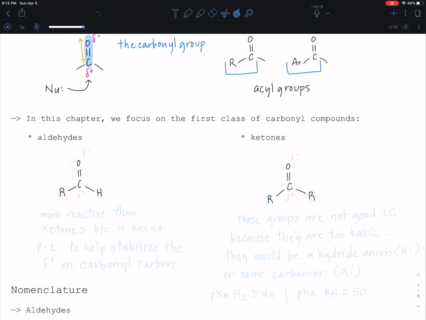So we can draw these dipoles again, just like we did above. And in both of these species, we've got oxygen pulling electron density away from the carbon. It puts a partial negative charge on both of these oxygens and a partial positive charge on the carbon of the carbonyl.